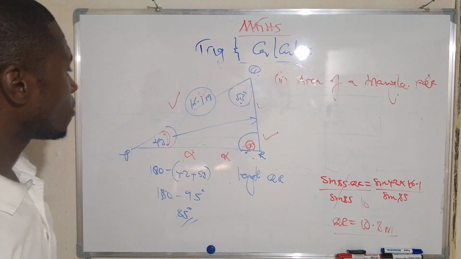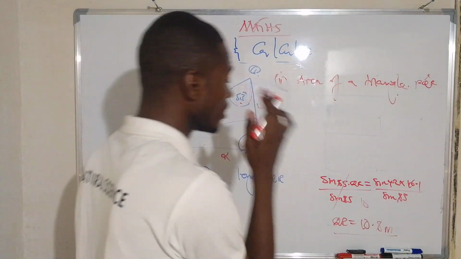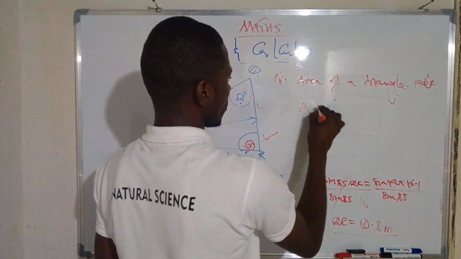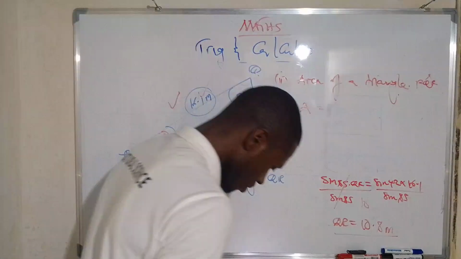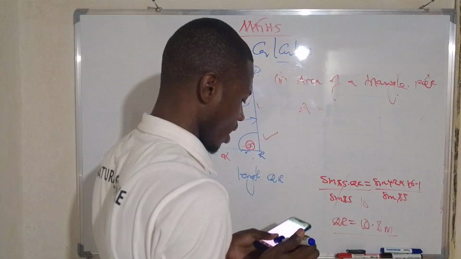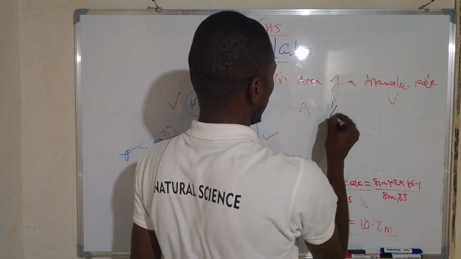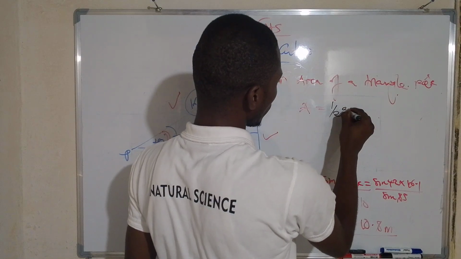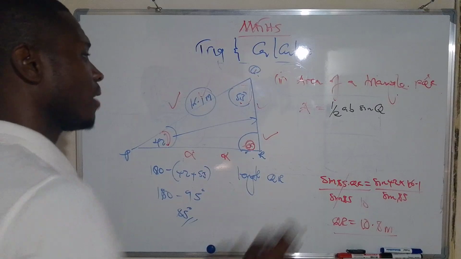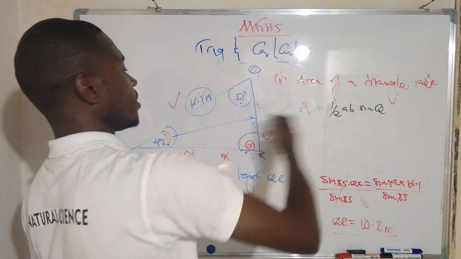So for me to pick the angle, the angle must be between two sides. So therefore, we'll say area is equal to 1 over 2 AB sine theta.